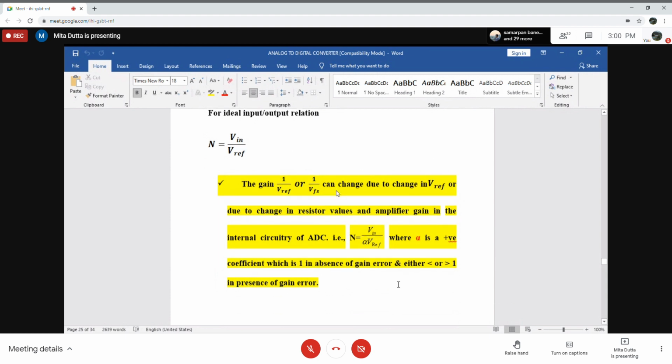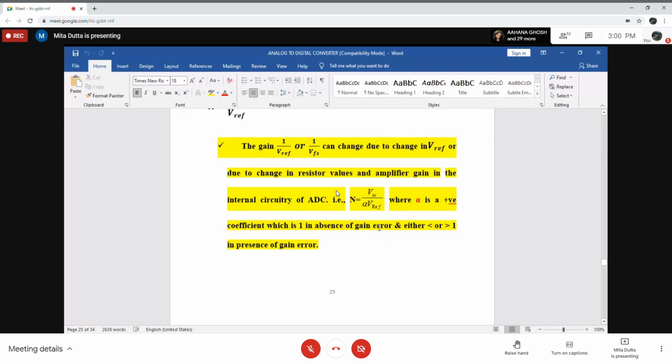And this is due to the gain error, because in case of an ADC, we have a DAC, and the DAC is made up of a resistor network. If the resistor values of the network change, then the gain also changes, because in an ADC we find the digital equivalent by comparing it with the DAC output voltage.